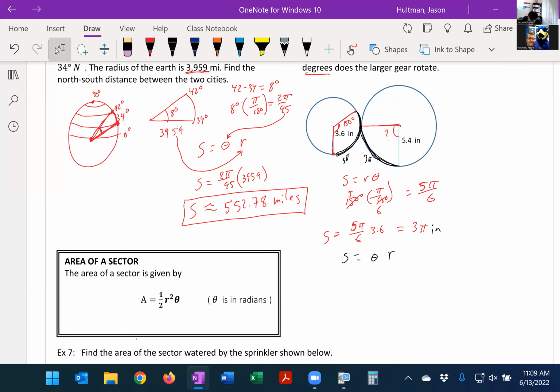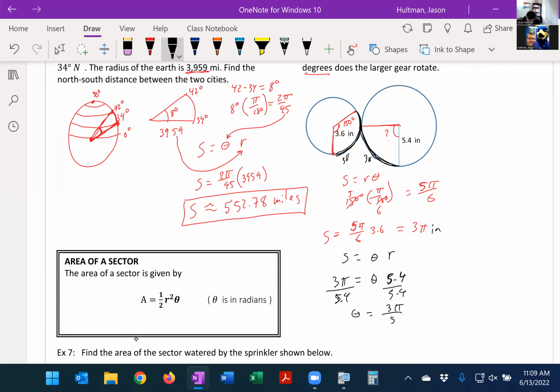Okay, and so what is the S in the larger gear? The S in the larger gear, that's 3 pi. What we're looking for is theta. The R is 5.4. Okay, and so if I divide by 5.4, I get 3 pi over 5.4 as theta.